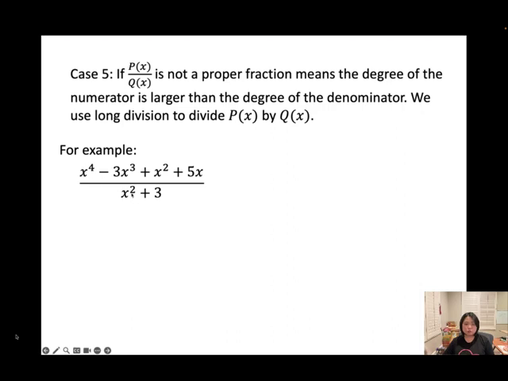This is 4, this is 2. So we're going to use long division to divide it. After you divide, you should get your quotient plus the remainder over the divisor. And then we just need to break up this last part.